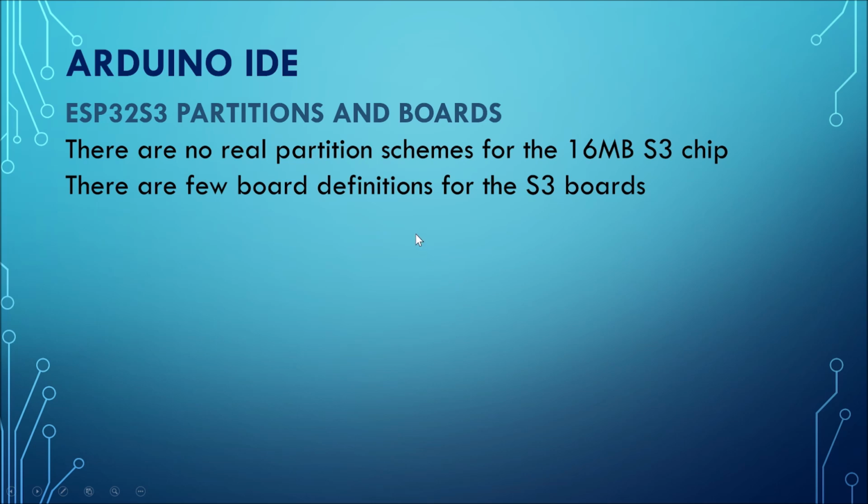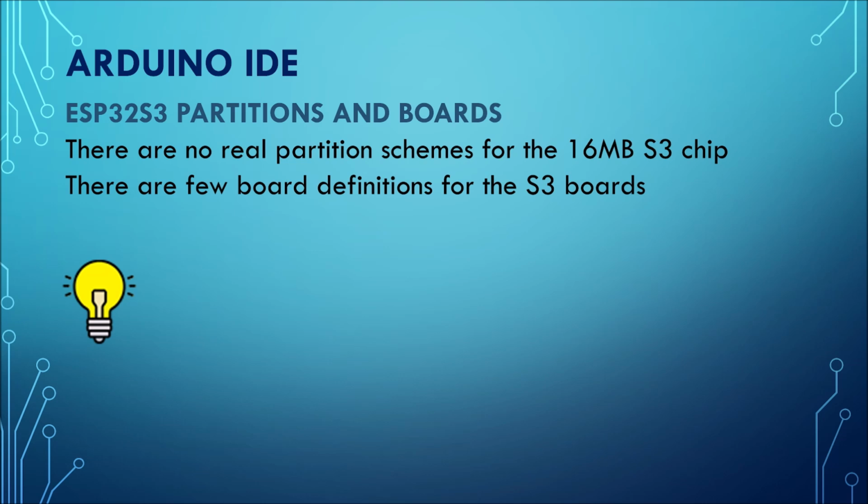So after having a look at the options currently available in the Arduino IDE, we see there's no real support at all for a 16 megabyte S3 chip that we want to use. There are a few existing board definitions, but they just don't work with the S3 chips that we're using.